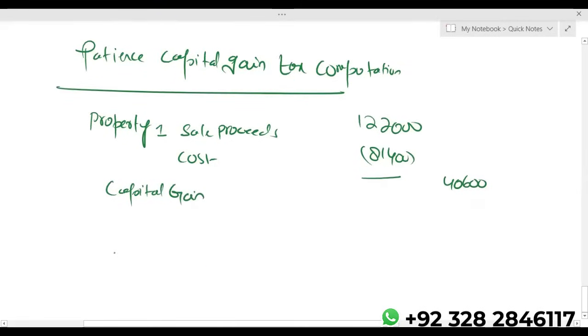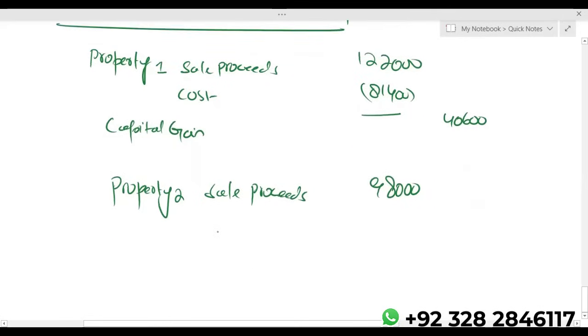Property 2, sale proceed of property 2 is 98,000. Property 2 was bought for 1,03,700. So there's a capital loss in property 2 of 5,700.